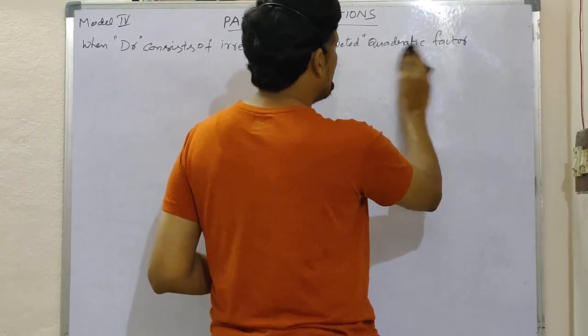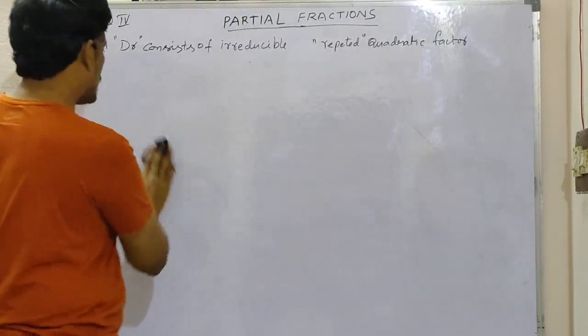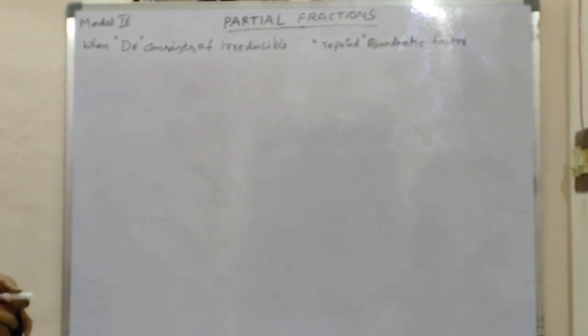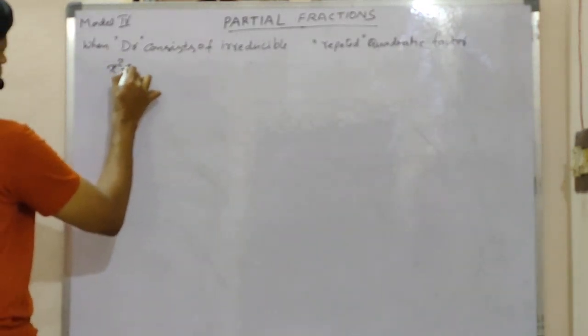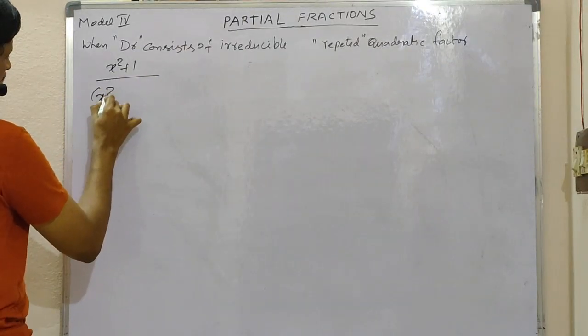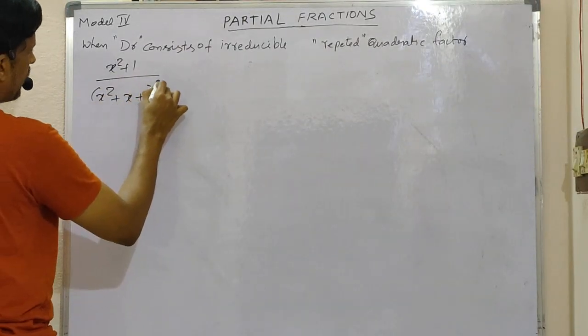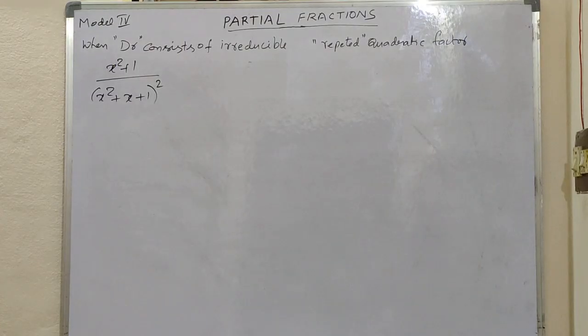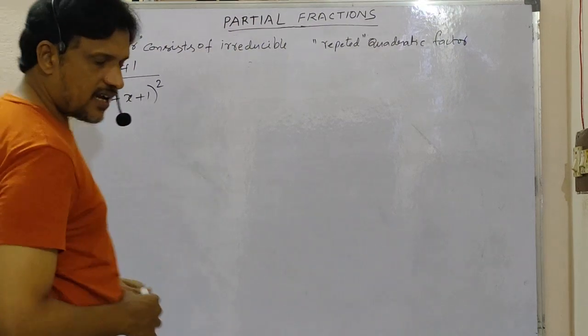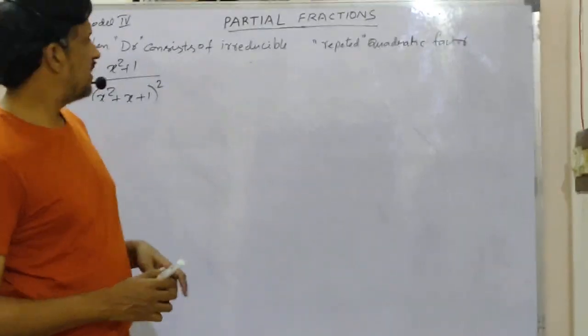These all are related to proper fractions only, then we will get improper. Okay. So here, write the fraction x square plus 1 by x square plus x plus 1 whole square as the sum of the partial fractions.